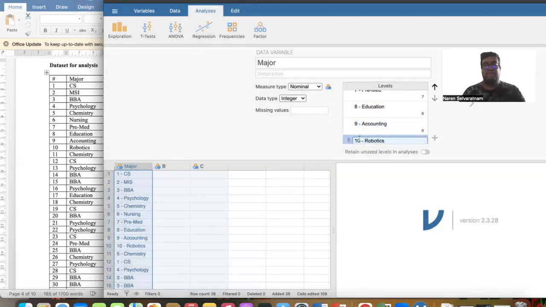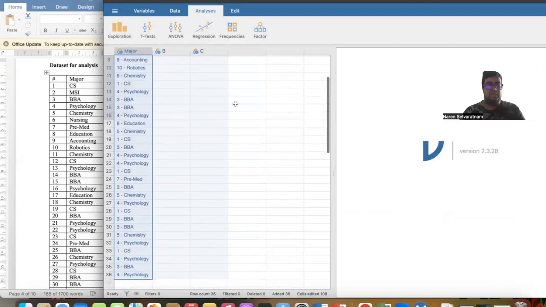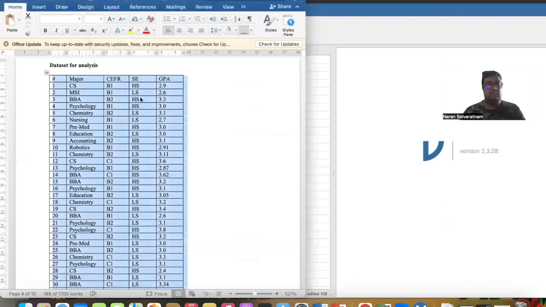Okay, done. Now we just finished entering all the data. See, now all the data is added and they are labeled. Good work. Now I need to go for my second one, that is CEFR.